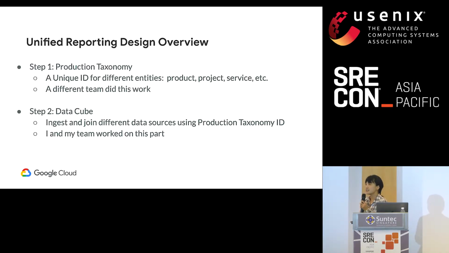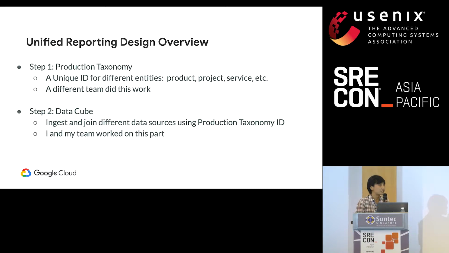The following slides are focusing on the first problem, unified reporting. There are 2 steps we took to solve this problem. Number 1, we need to correlate all these data sources together. We need a unique identifier across all the data sources.